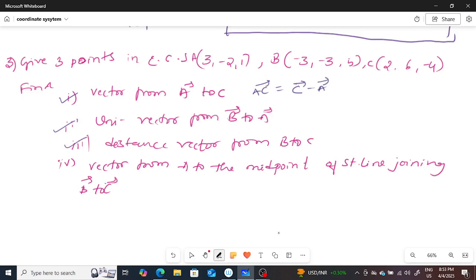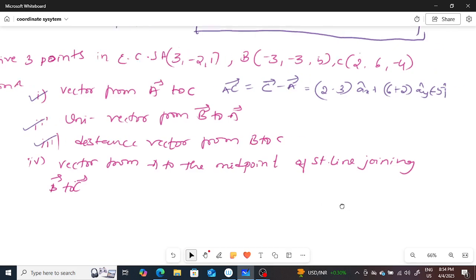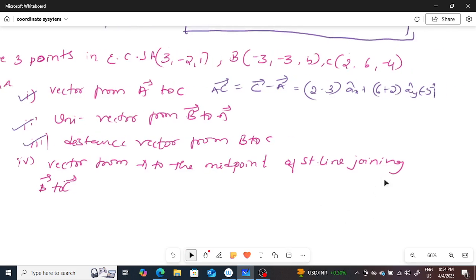Only thing you have to identify is 2 minus 3. I am giving the hint: you have to write it as -1 ax plus 8 ay plus minus 5 az. Try to understand how I am writing these things. You should get this answer.